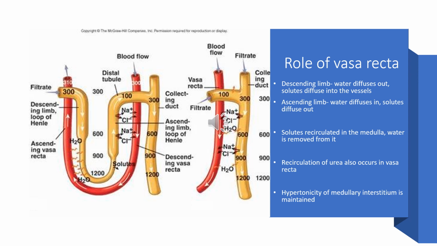And the water that is secreted by the descending limb of loop of Henle as well as the descending limb of vasa recta are carried away by the ascending limb of vasa recta, and all these account for the maintenance of hypertonicity of the medullary interstitium.